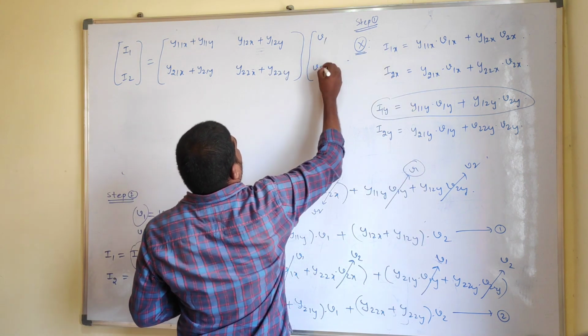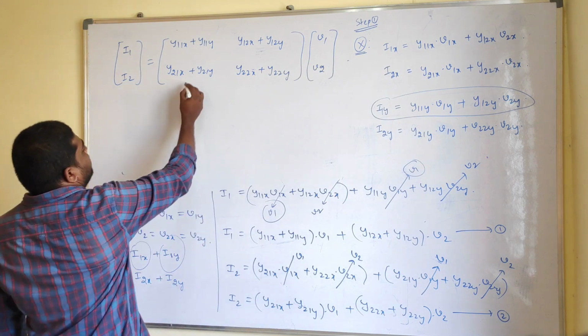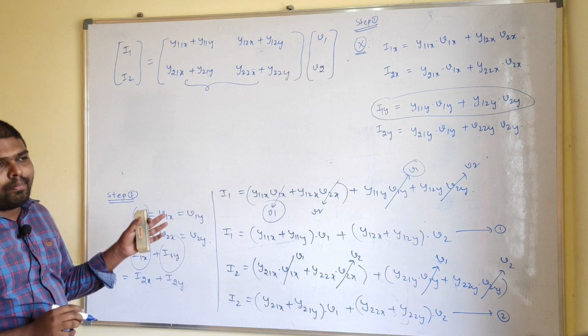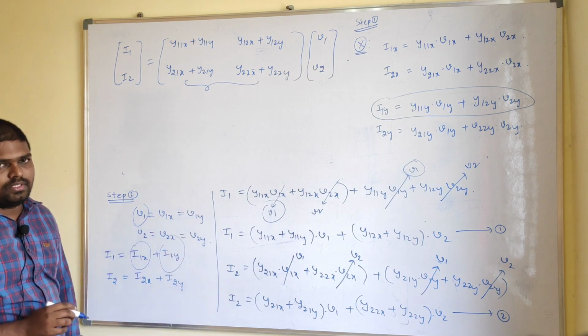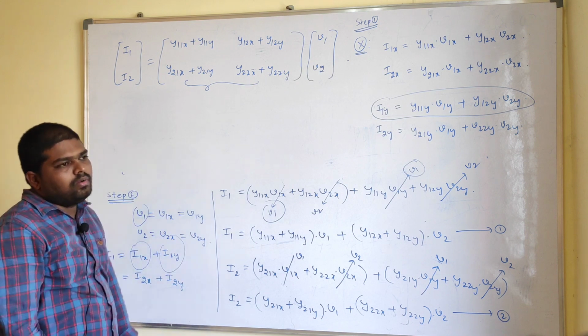So this is your set of 2-port parameters for the parallel interconnection of 2-port networks. These are the parameters for the parallel connection of 2-port networks.